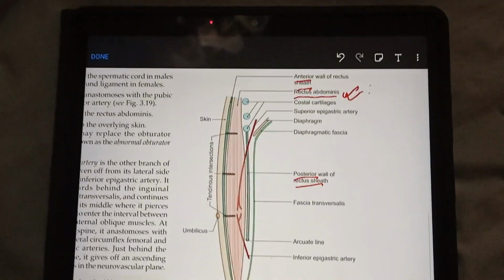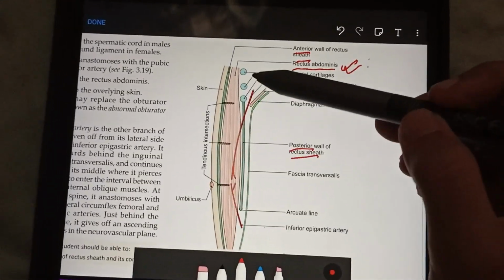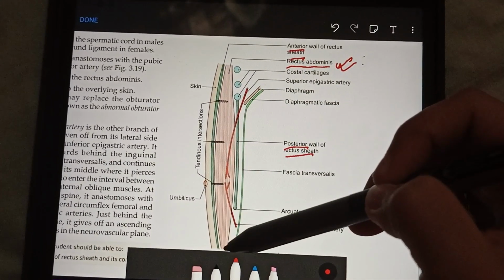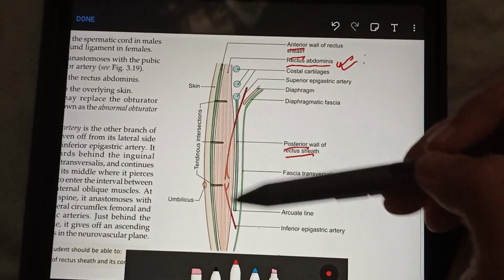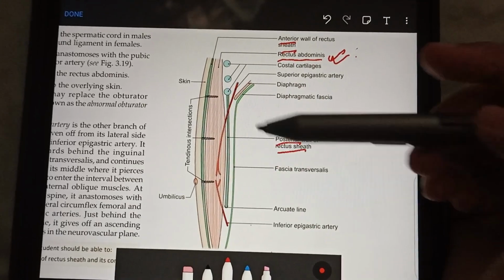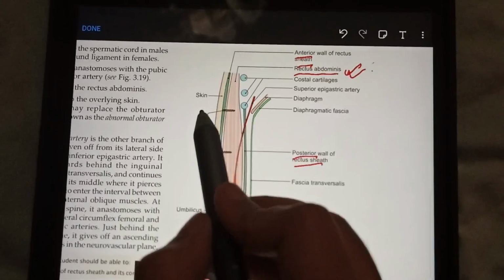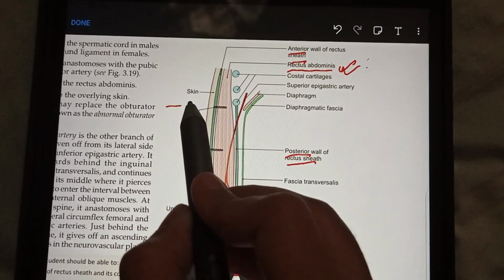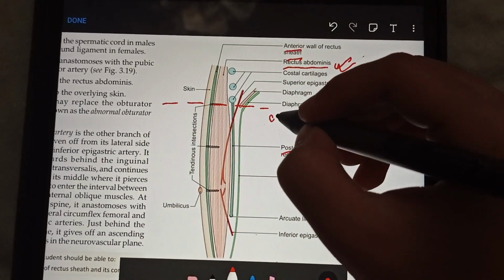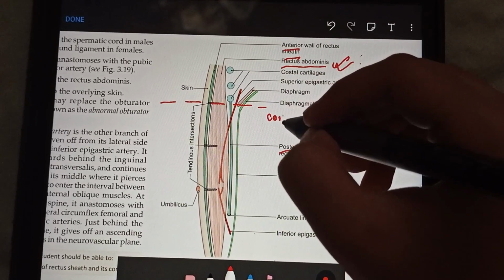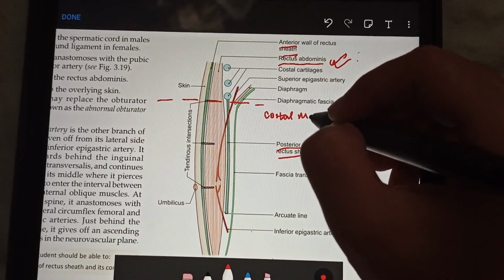It is attached to the muscle from end to end. So the anterior wall is complete, whereas for the posterior wall, the line which I'm going to draw here is actually the costal margin.